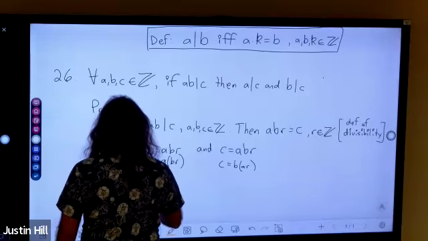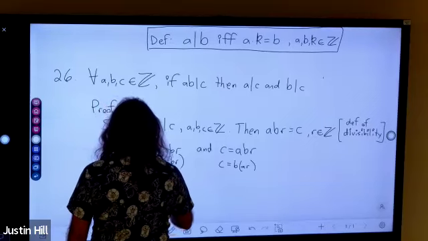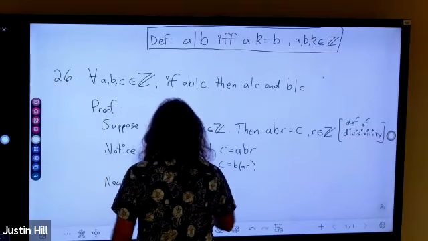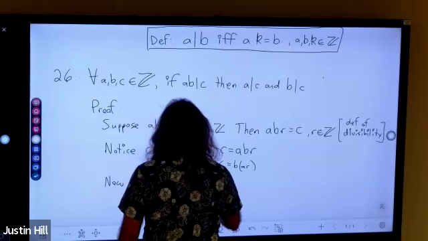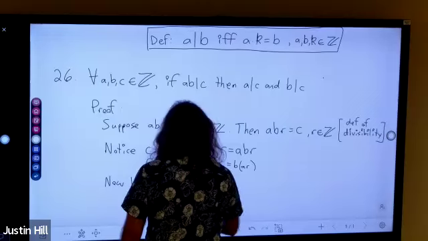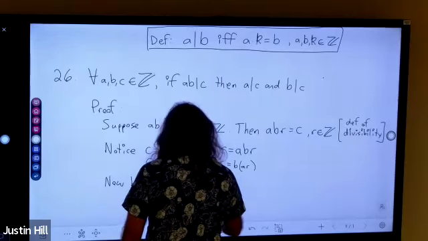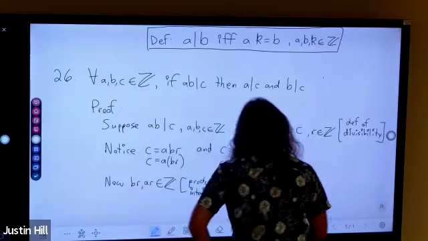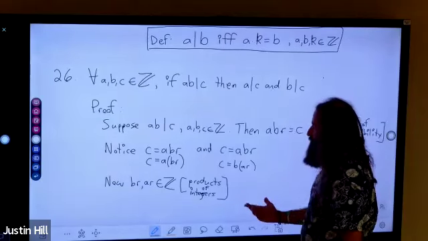Now, BR and AR are integers. And this is because products of integers are integers. Then I can go from there, then I have it.